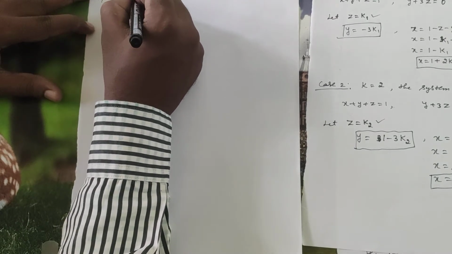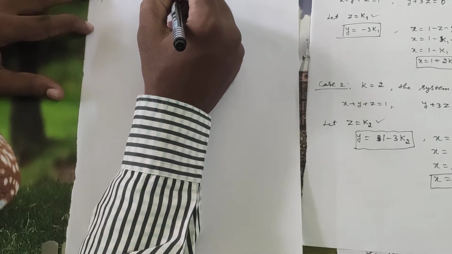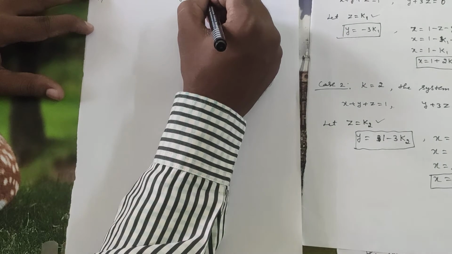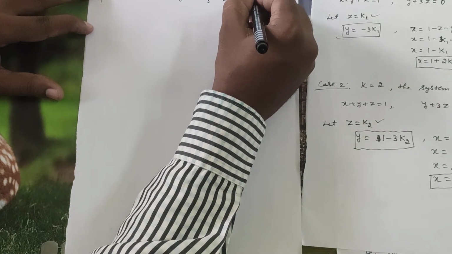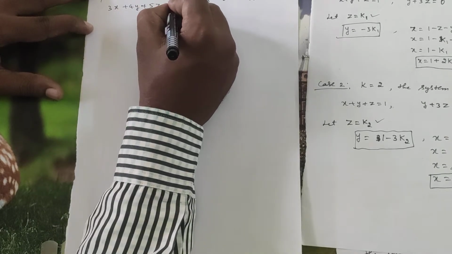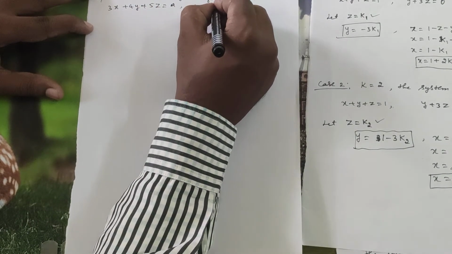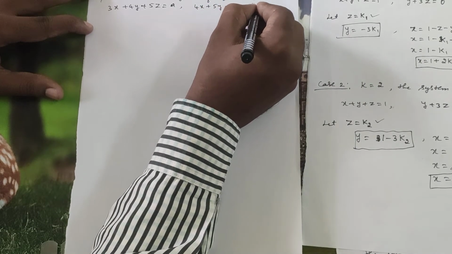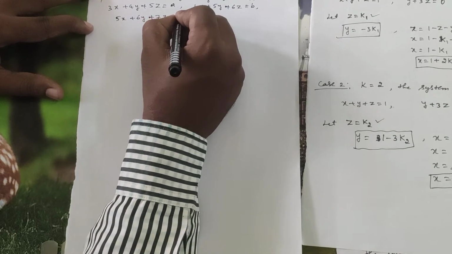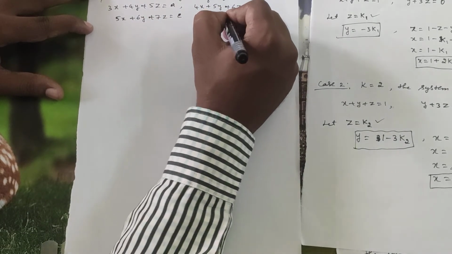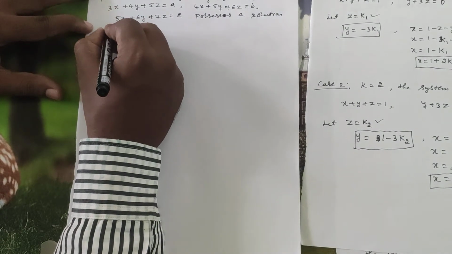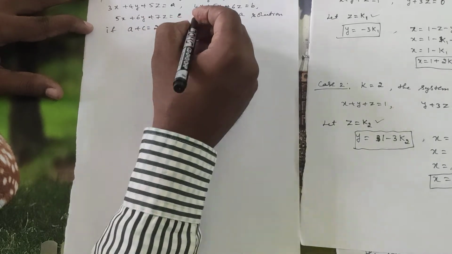Show that the system of equations 3x plus 4y plus 5z equals a, and here 4x plus 5y plus 6z equals b, and here 5x plus 6y plus 7z equals c, possesses a solution if a plus c is equal to 2b.